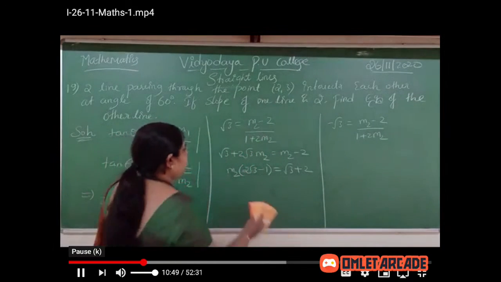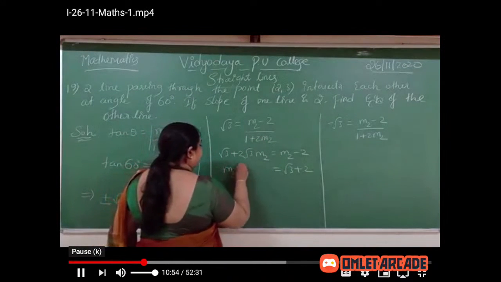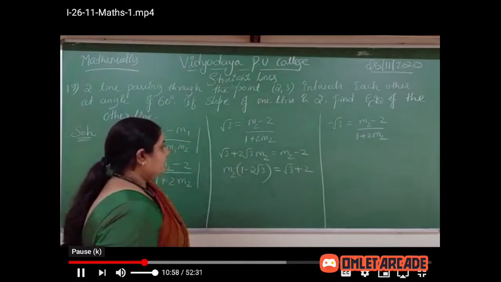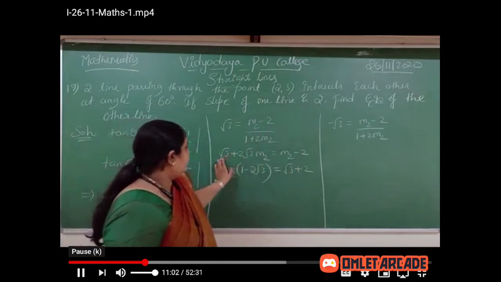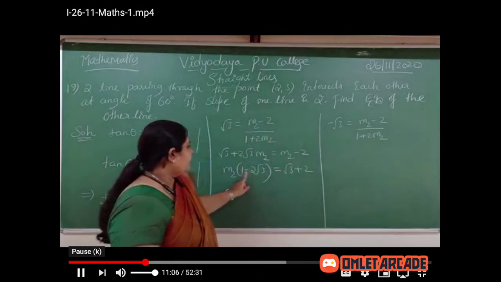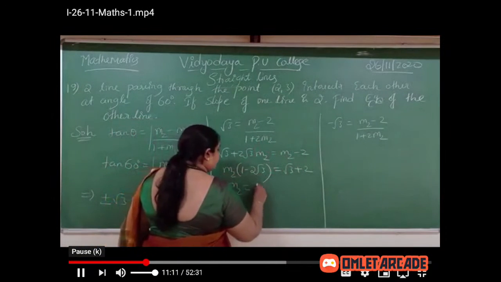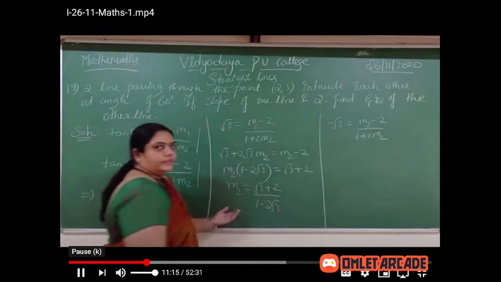Then m2 times (1 minus 2 root 3), isn't it? Is it fine now, students? Let me shift this to the LHS. So root 3 plus 2, I have written it here. And when you shift this to that side, 1 minus 2 root 3, and m2 is common. So m2 is what? Root 3 plus 2 divided by 1 minus 2 root 3.